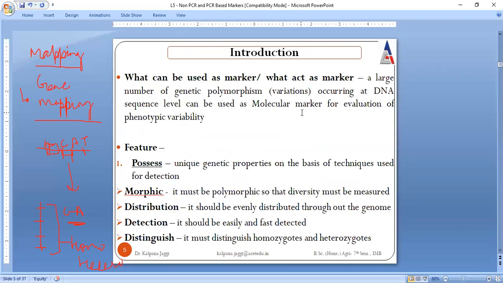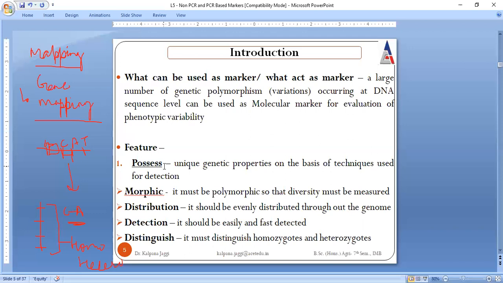Now, once the advantages of the molecular markers are very clear to you, the very next question that must come to your mind is: what is to be used as a marker?